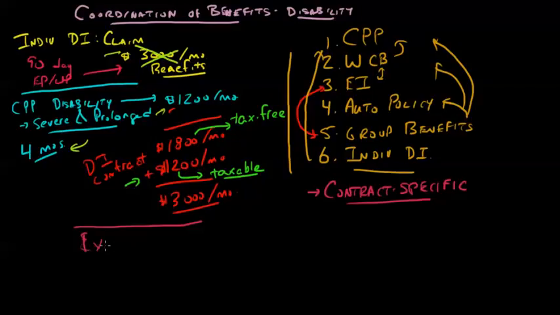That's a very common type of exam question, and the reason for that is because it's probably the most common real life scenario, and there is a fairly substantial body of case law and contract wording to back that up. So I hope that helps to understand how the coordination of benefits for disability contracts works.